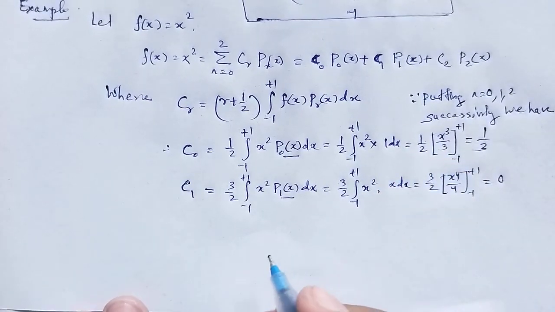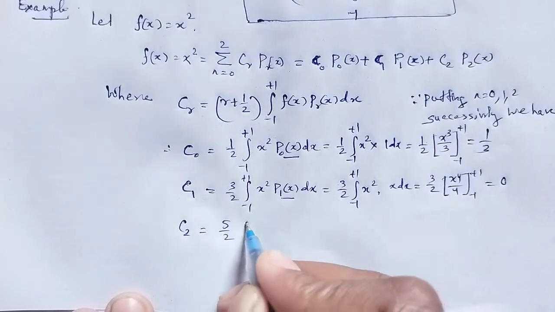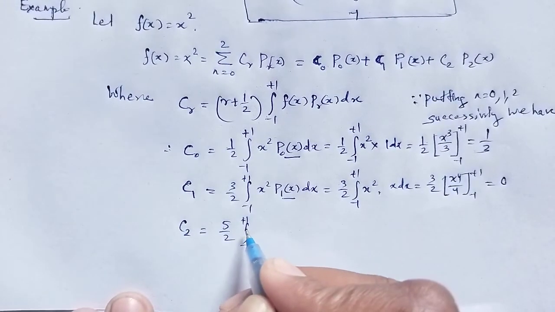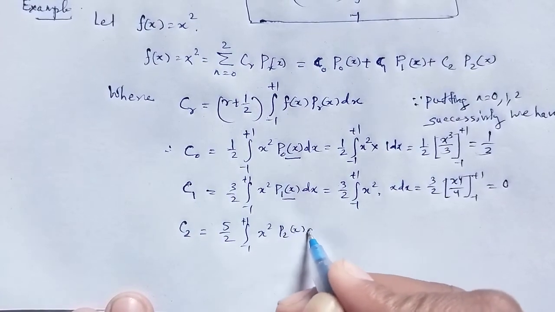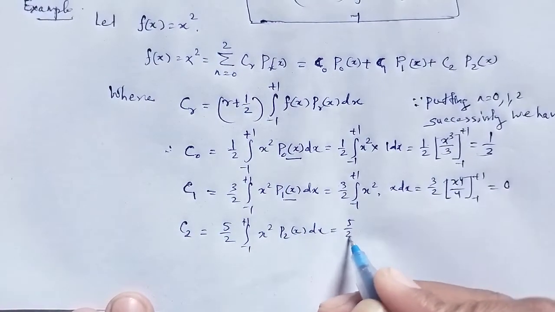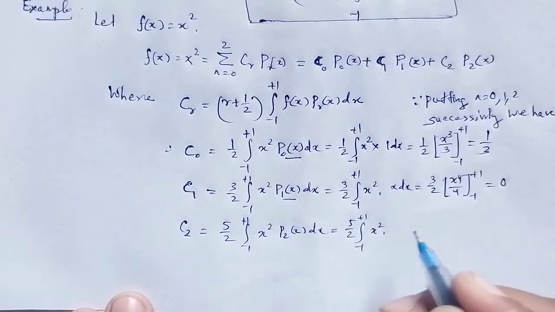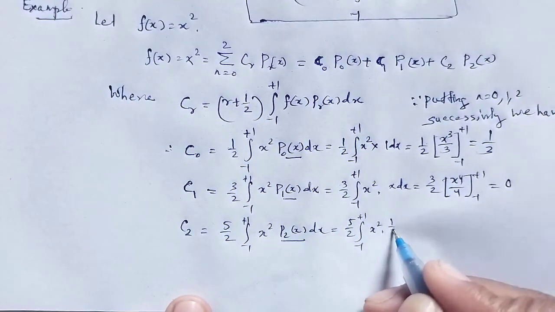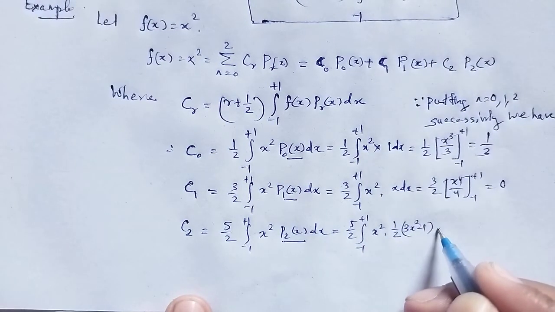Then C2 is 5 by 2 times the integration from -1 to +1 of x square P2 of x dx, where P2 of x is equal to half of (3x square minus 1).